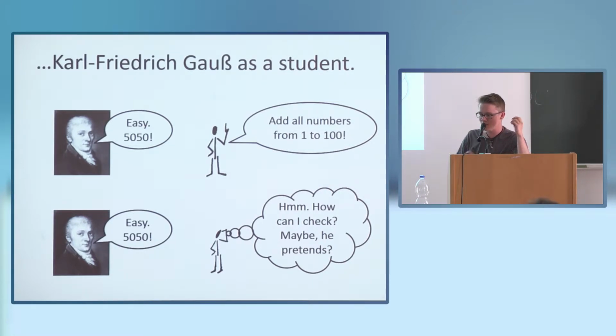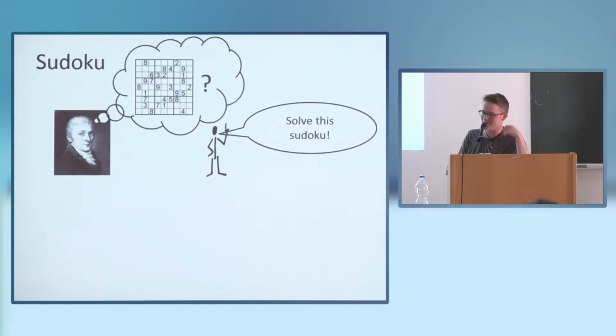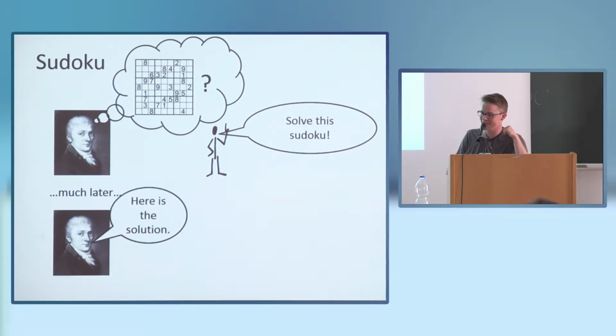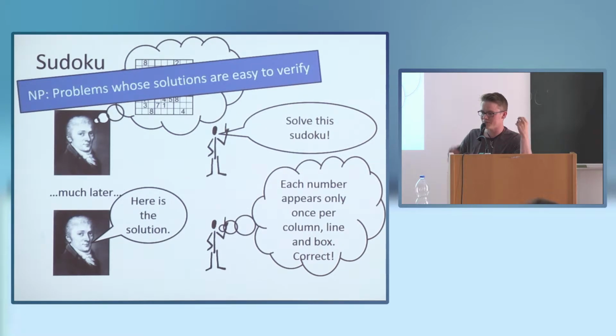It's much better if you have a verifiable problem such as a Sudoku. You give it to Gauss. Gauss takes some time to solve it, gives it back, and then you can check that each number appears once per column, per line, and per box, and it's correct. So NP is problems whose solutions are easy to verify.